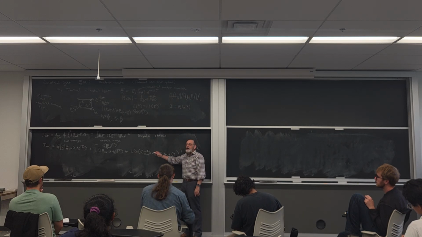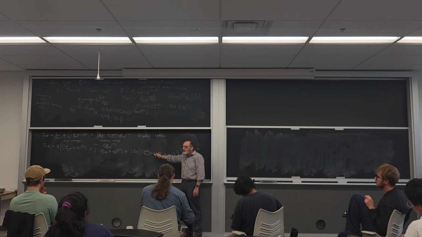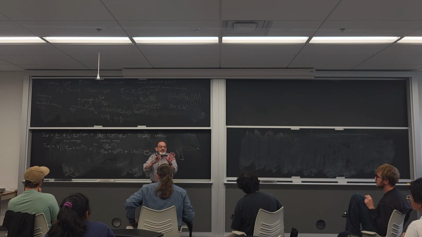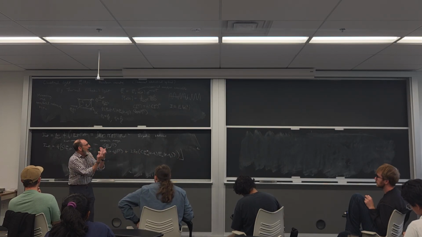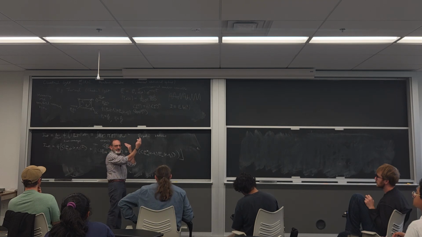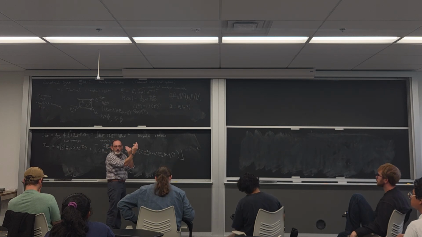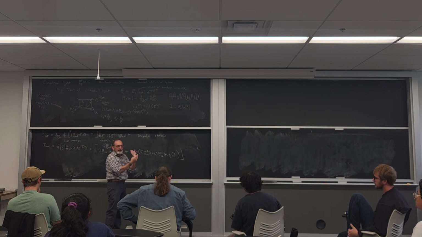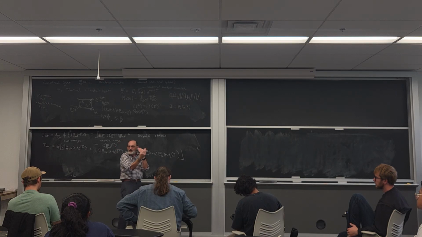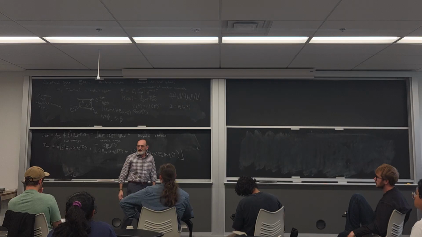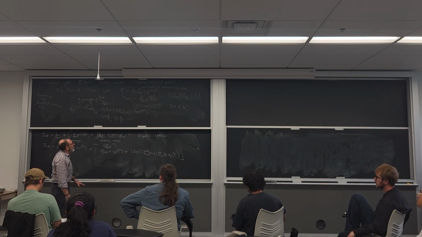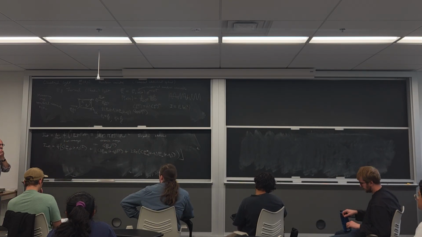I'm correlating the field with itself, that's auto, but at two different times, okay? And that's exactly what we wanted, right? The idea was that we wanted to see if I separated these fields by two different times, are they well correlated with one another? If they have a well-defined phase relation, they'll be well correlated, but at some point, they'll lose that correlation, okay? So that's what this thing does.